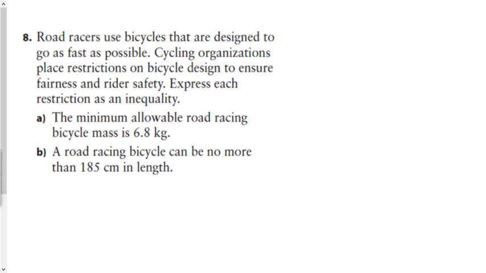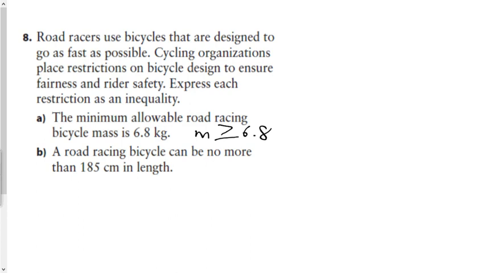Question 8, road racers use bicycles that are designed to go as fast as possible. Cycling organizations place restrictions on bicycle design to ensure fairness and rider safety. Express each restriction as an inequality. The minimum allowable road racing bicycle mass: the mass has to be greater than or equal to 6.8 kilograms.